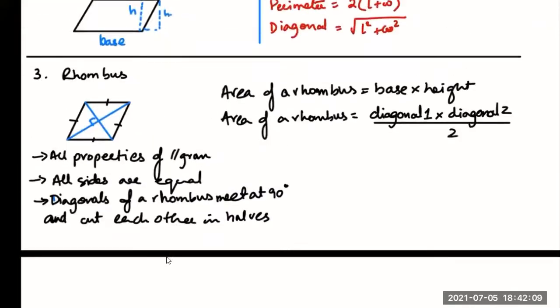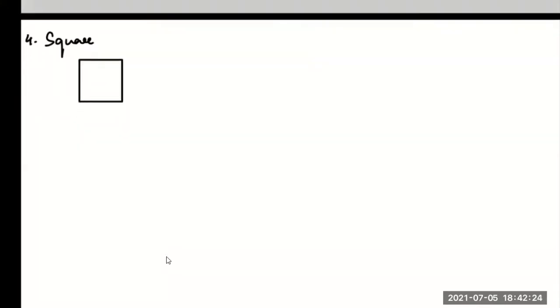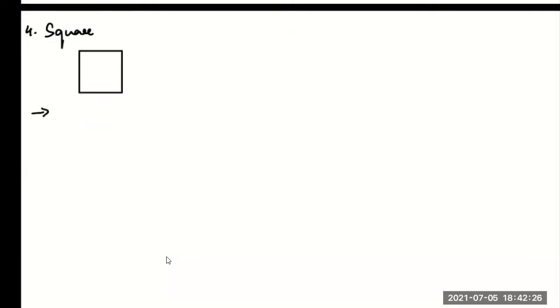Okay, now the last shape that I have is a square. Okay, what is a square? It's made up of all the properties.